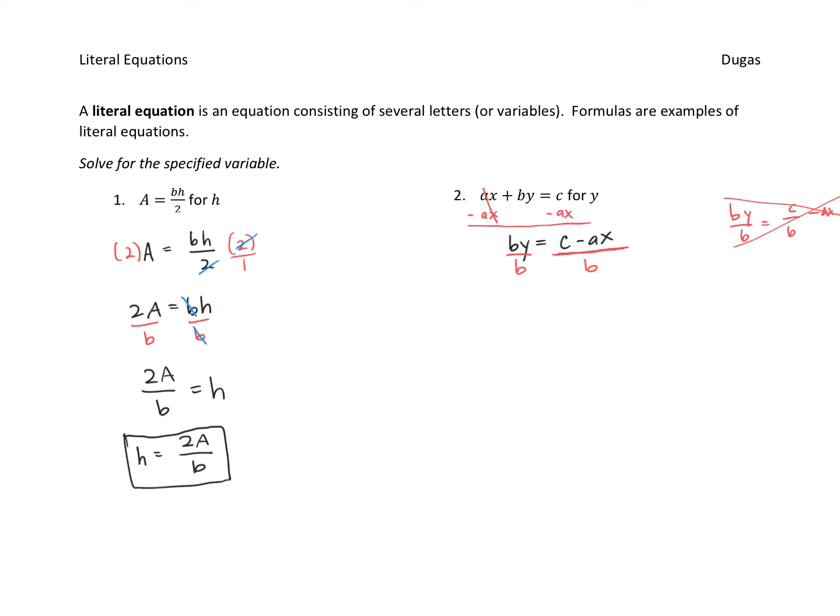You have to divide both sides, that means the entire side, by whatever you're dividing by. So the B's will divide out to 1. B divided by B is 1, and we'll get Y equals C minus AX all over B. Again, we have the Y by itself. That's what we were trying to accomplish, and so we did that here.